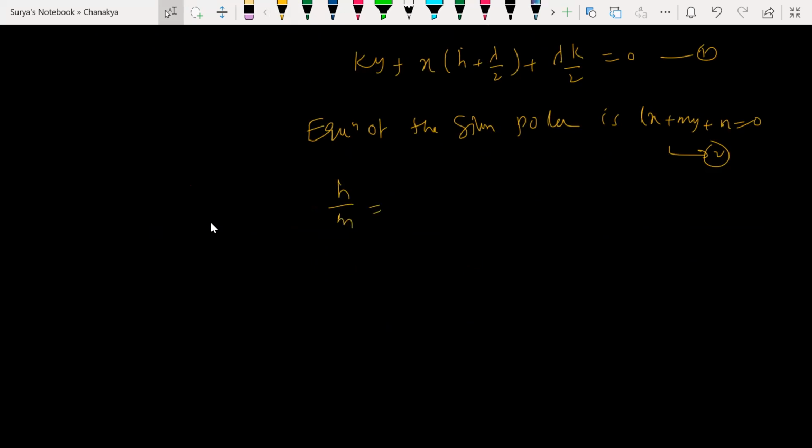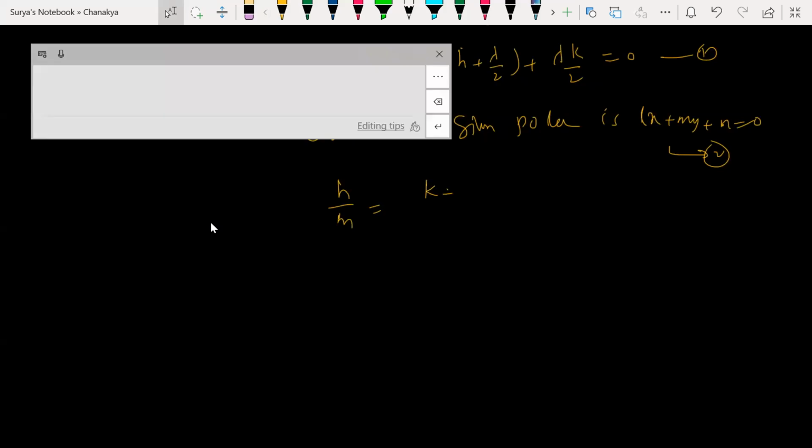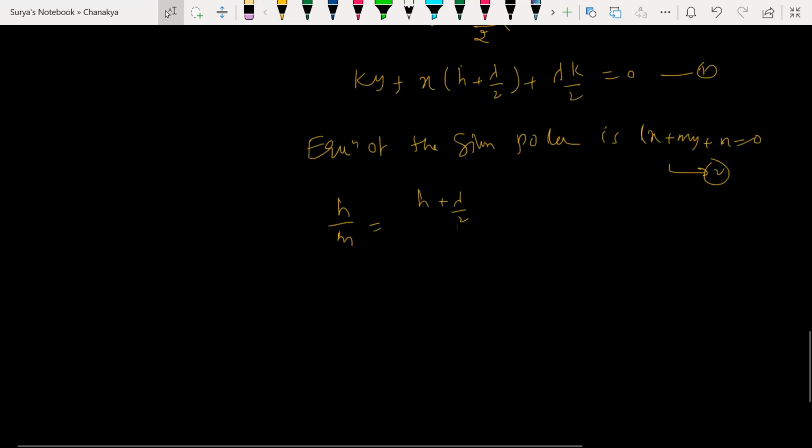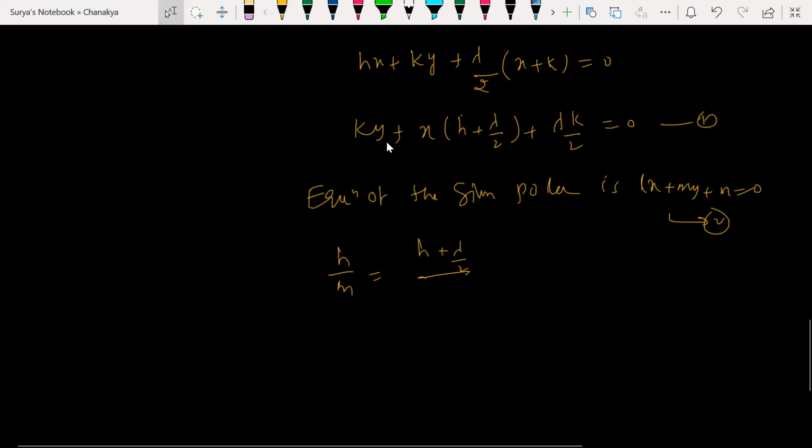H plus lambda by 2, and lambda k by 2 is equal to n, so lambda k by 2n.